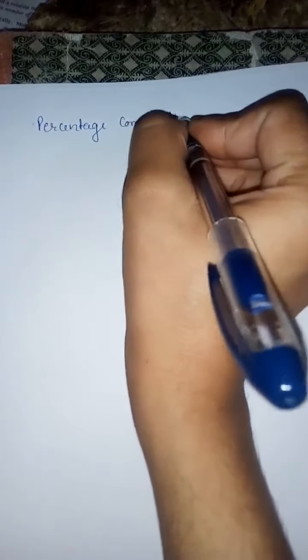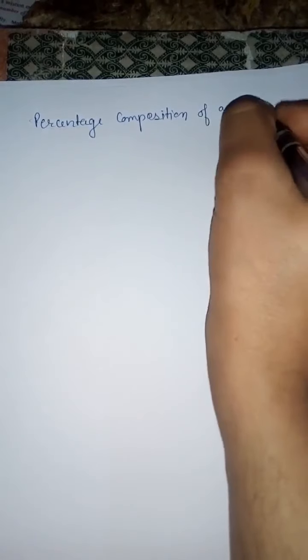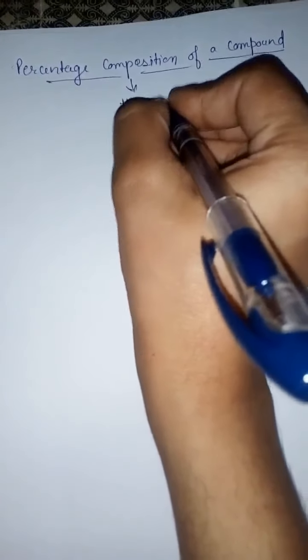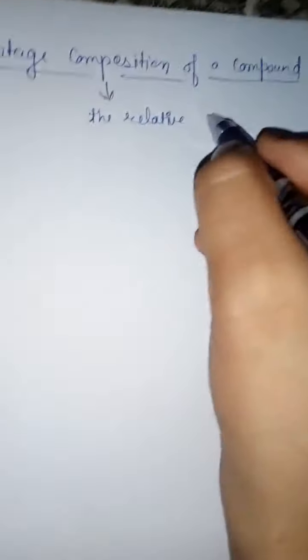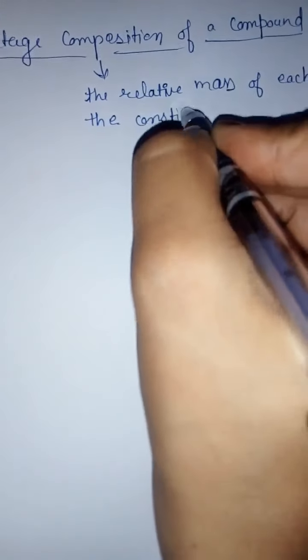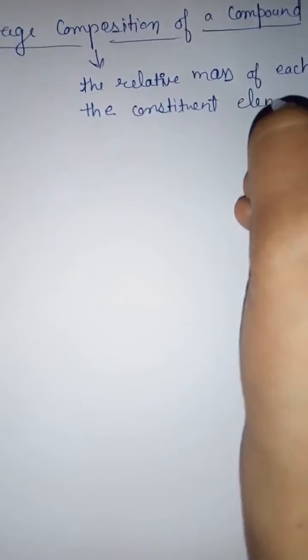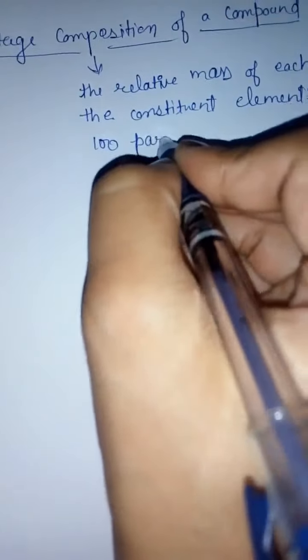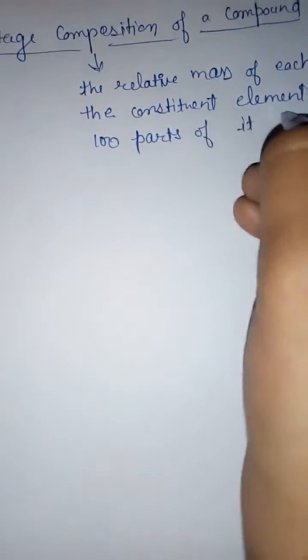Percentage composition of a compound. The percentage composition represents the relative mass of each of the constituent elements in 100 parts of it by mass.